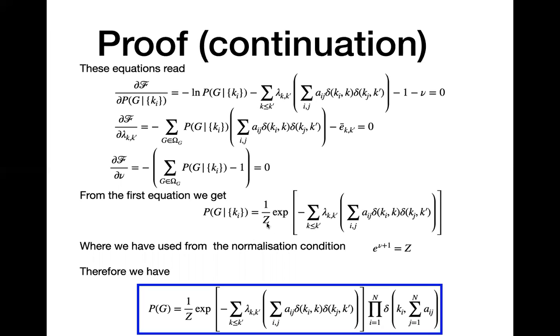where Z is the partition function, and finally we can express the probability of any graph by imposing that only graphs with the degree sequence that we want are allowed, so a probability greater than 0.